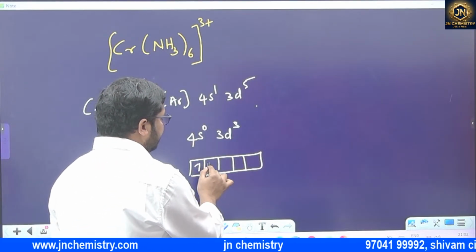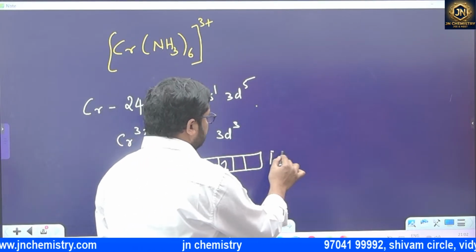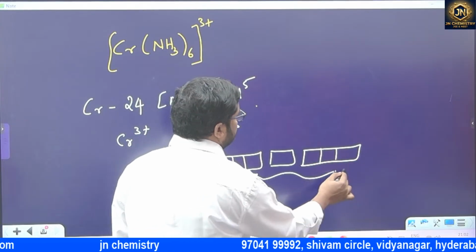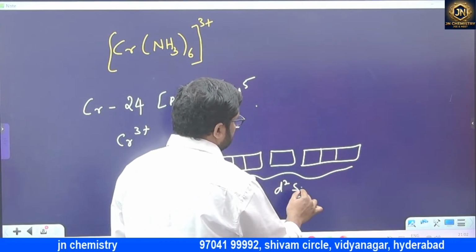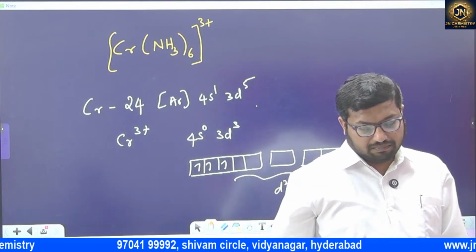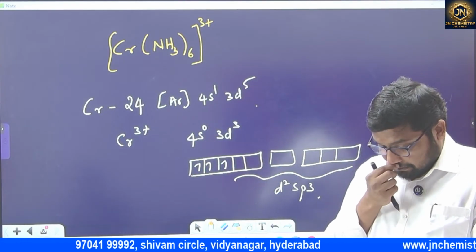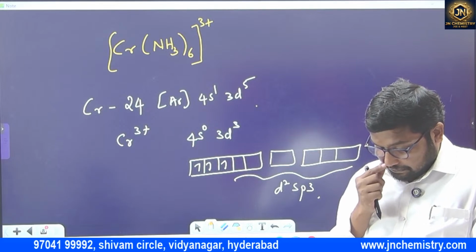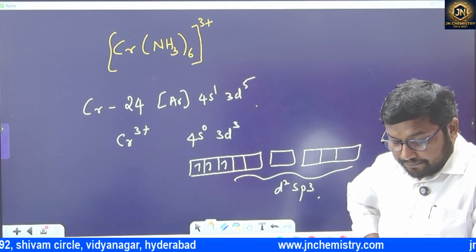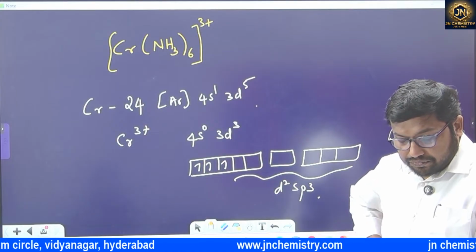Already 3 electrons are here, 1 2 3. So simply d2sp3. Write it down. Number of unpaired electrons 3, 3 point something BM, 3.2 something BM.